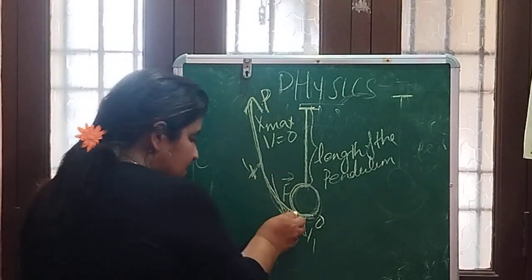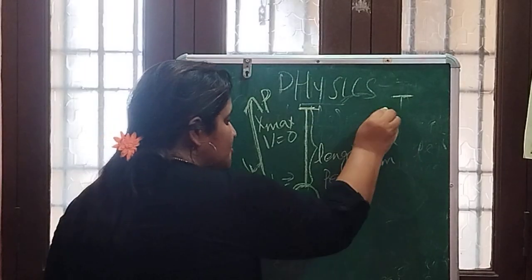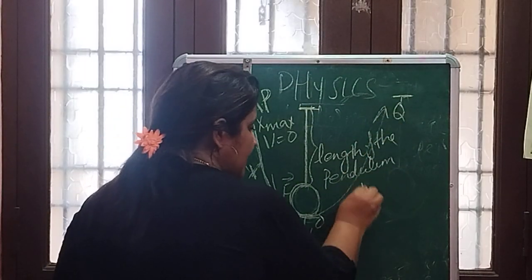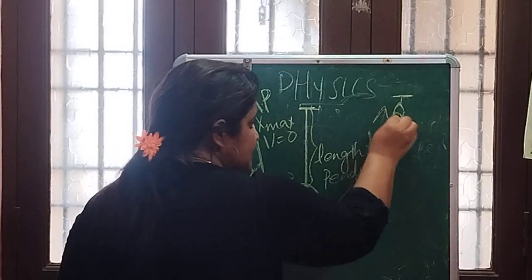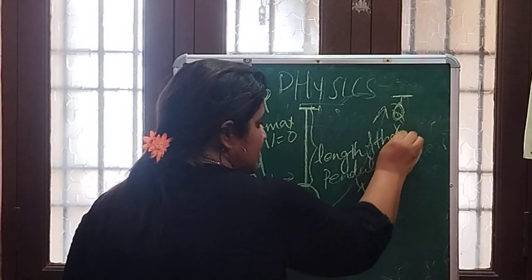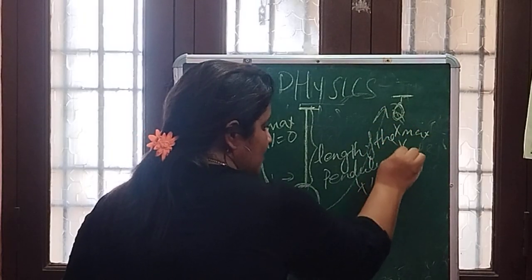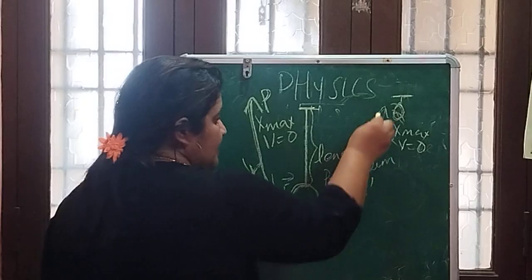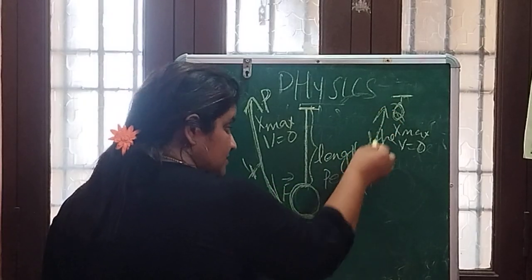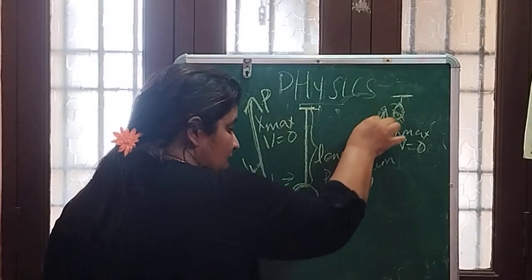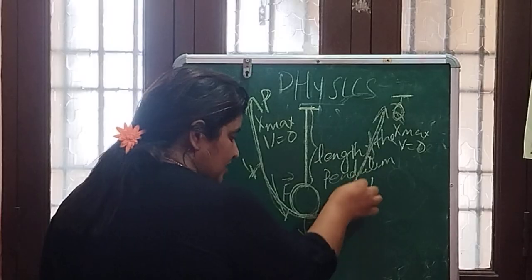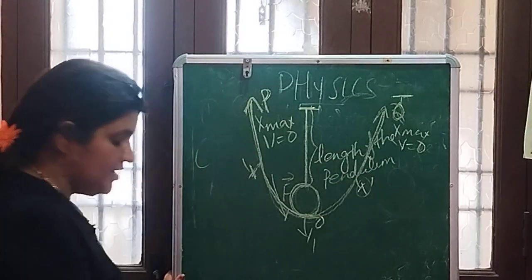Again, from this equilibrium position, the bob will go to another extreme Q with another displacement x. At this extreme position Q, the displacement will become maximum and the velocity will become 0. At that point, the bob will again come back to the equilibrium position O by reducing that displacement.